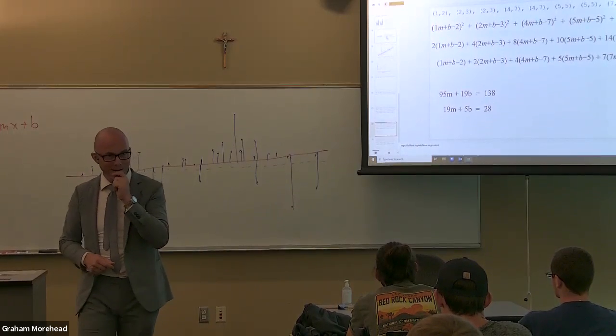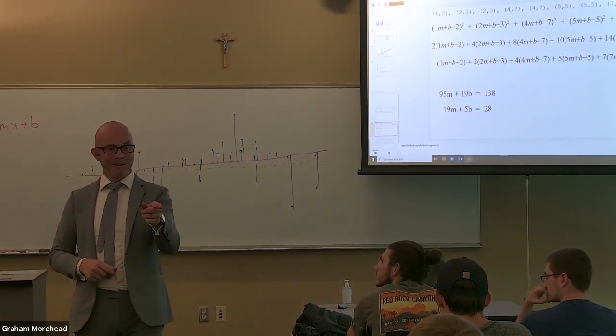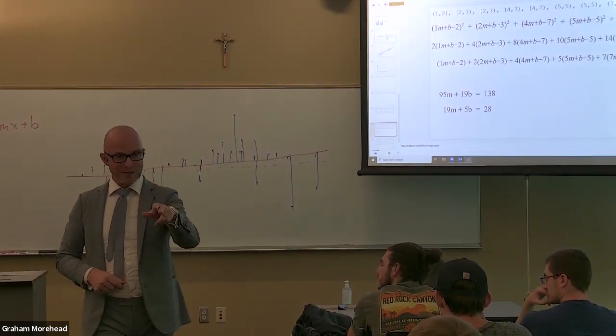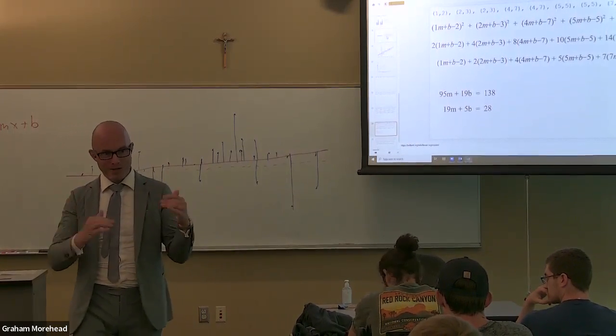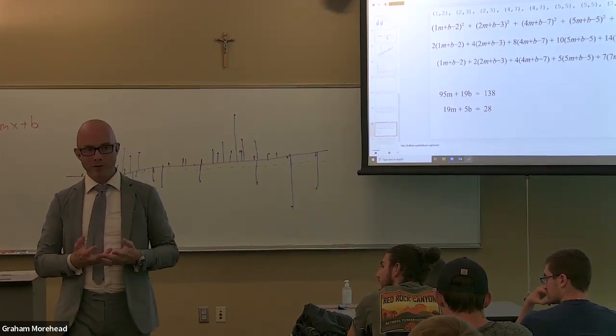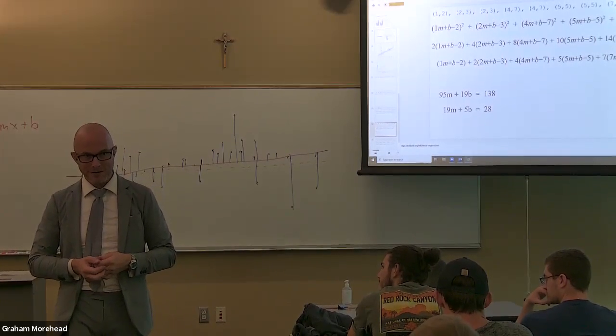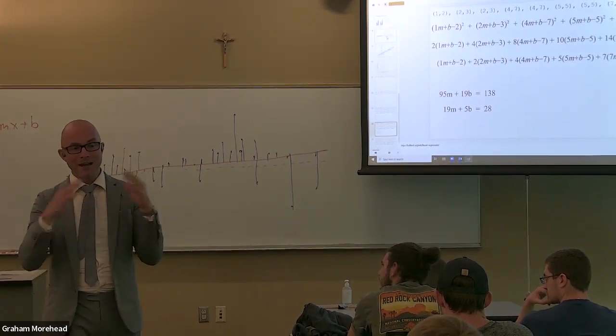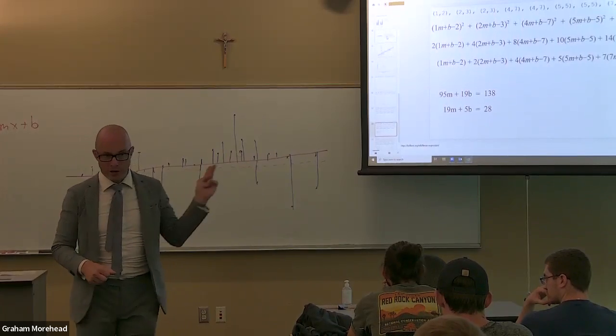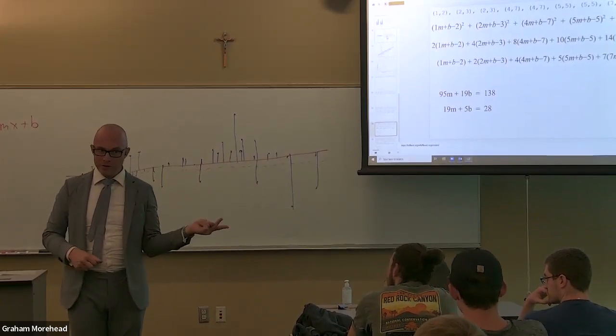Overdetermined, we have more variables. No, that's underdetermined. But you can imagine where it's going, right? More equations than variables would be overdetermined. If you have 10 equations, but only 2 variables, it's very overdetermined.